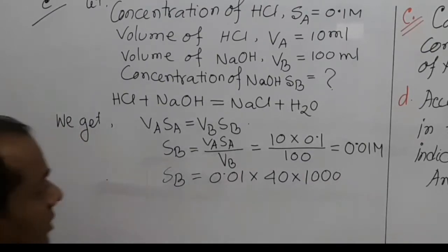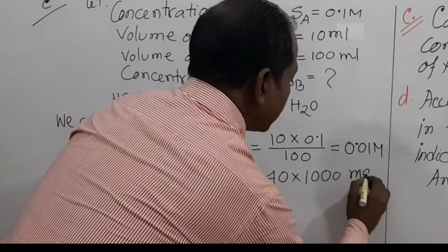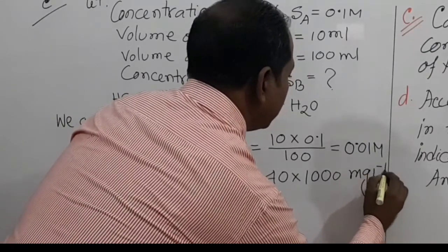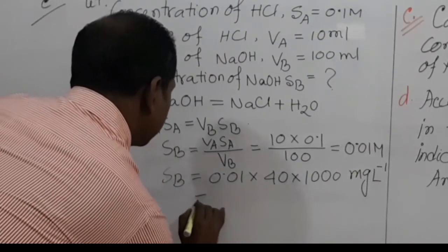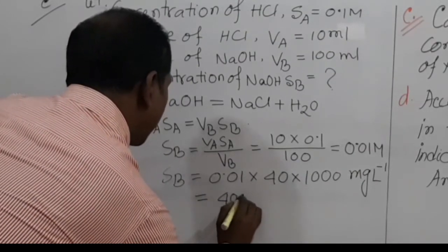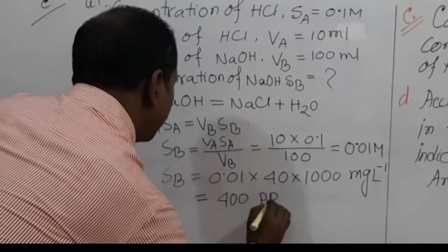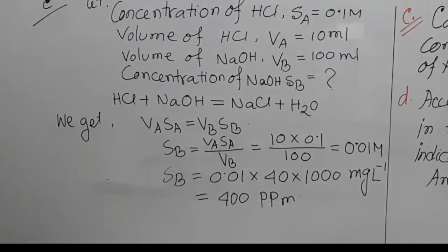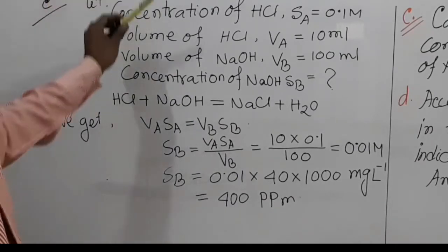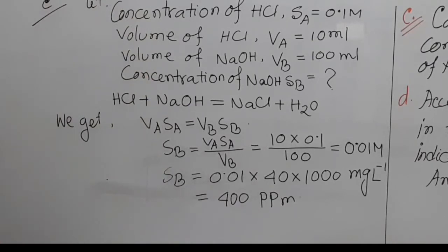Then we get the unit milligram per liter. Okay, the answer is 400 ppm, because milligram per liter is the unit of ppm. So we can say that the concentration of base in ppm unit is 400 ppm.